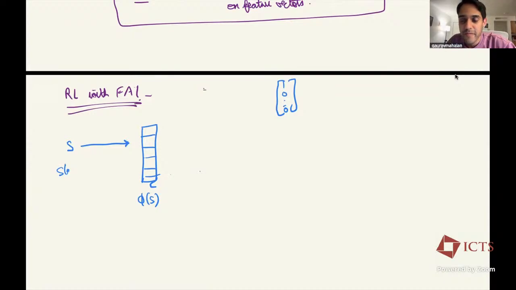I see. It's possible for state spaces to be linear in dimension, even smaller than that.